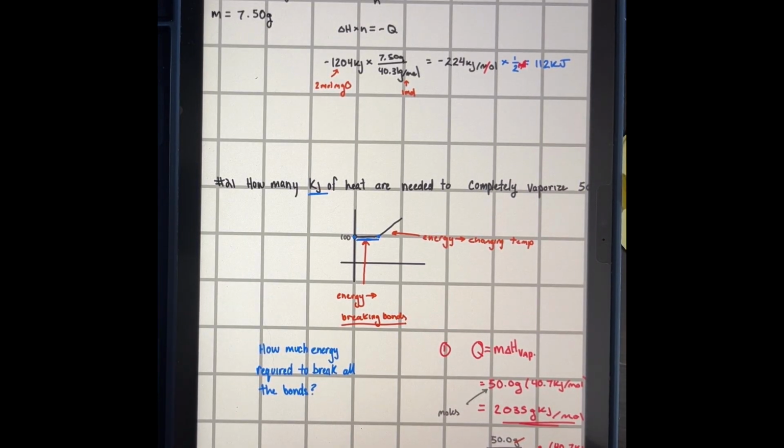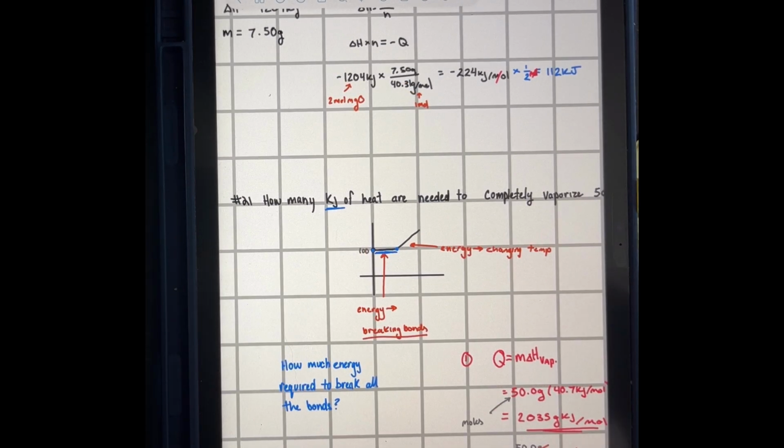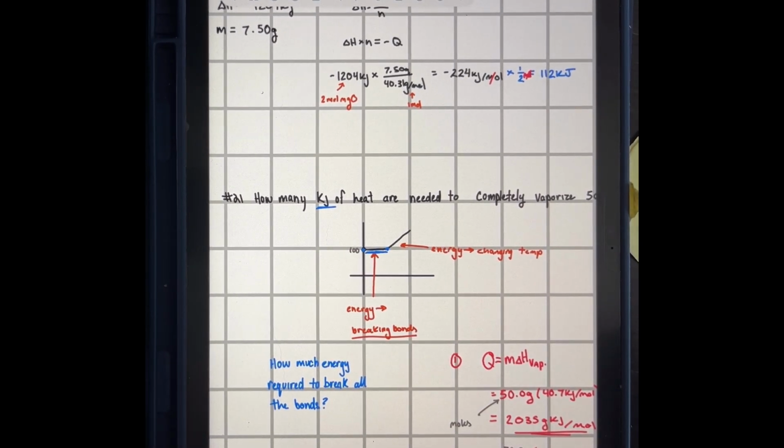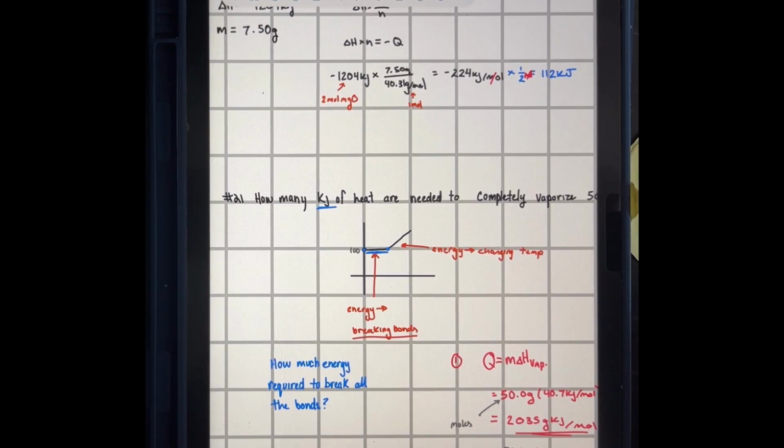So the energy in the flat part of a physical change graph is one of those.